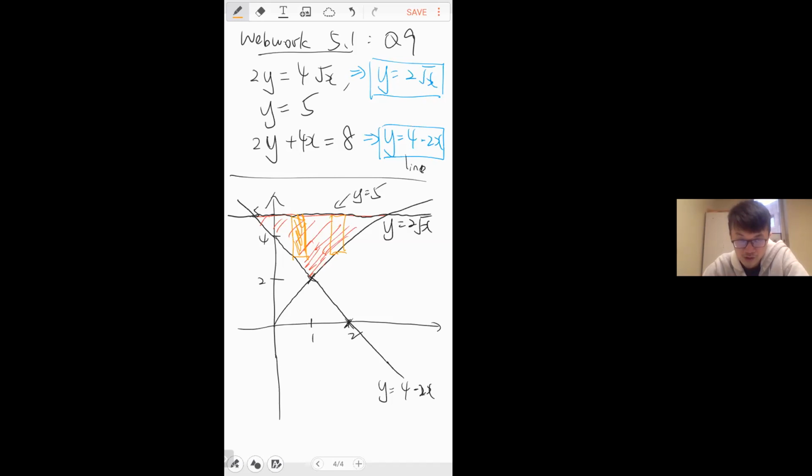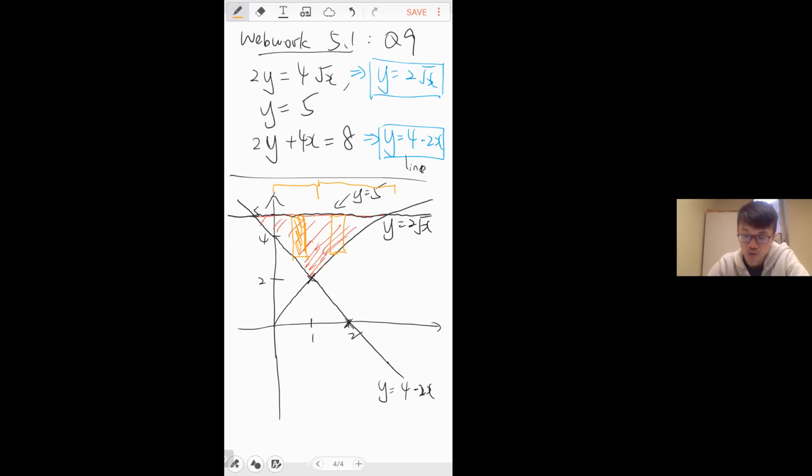So if I were to do vertically, I would have to take the integration from 0 to 1 first, and then 1 to 2 separately. Does it make sense?